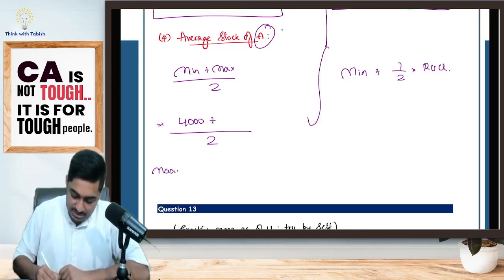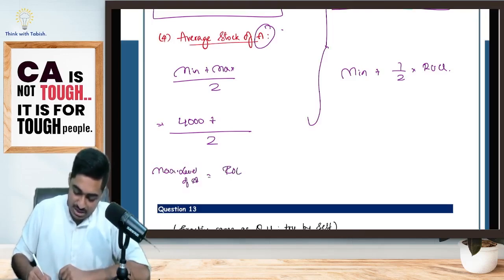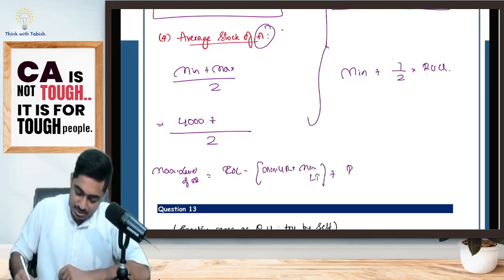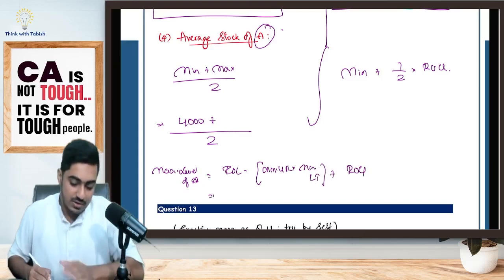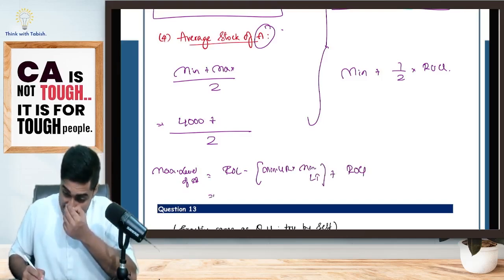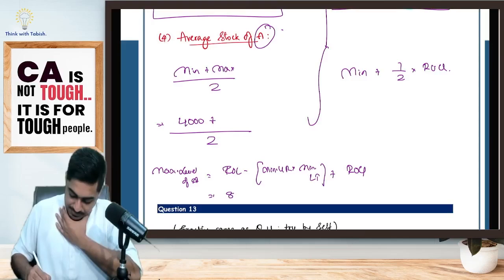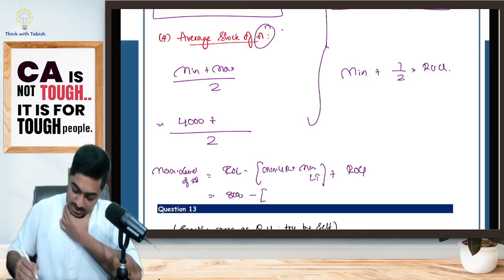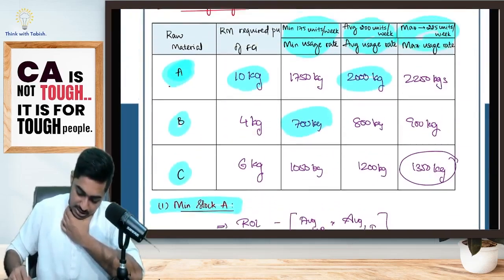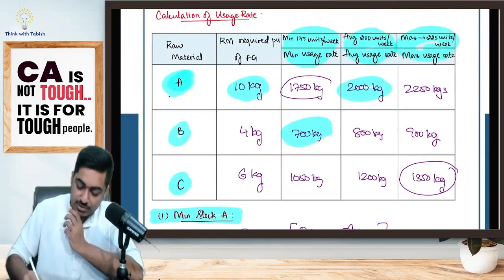Pay attention. Maximum level of A is reorder level minus minimum usage rate into minimum lead time plus reorder quantity. Reorder level for A is 8000 minus minimum usage rate of A. When you're having multiple data, be very cautious, okay?